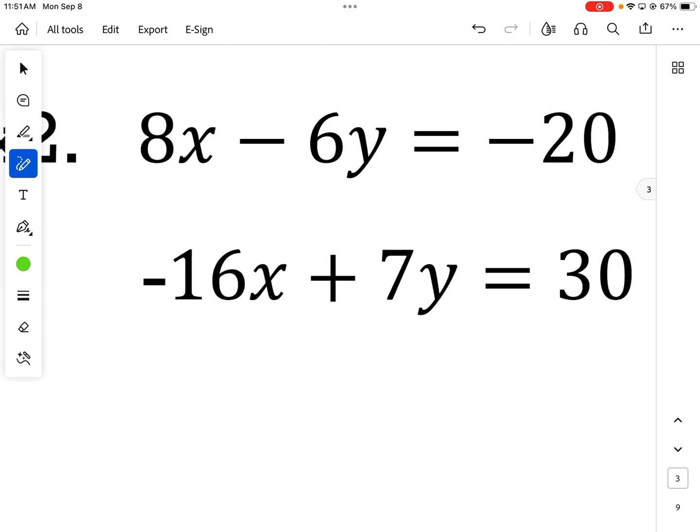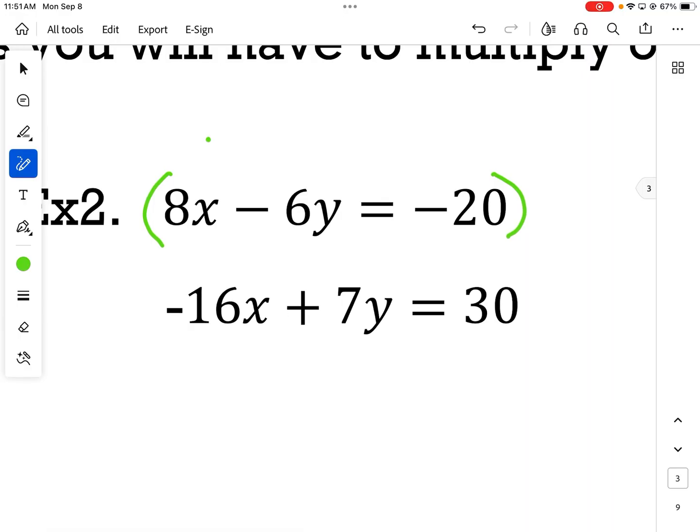So look at 8 and look at negative 16. Look at the x's. If I multiply 8 times 2, I would get positive 16, which is the opposite. So for this equation, I want this to be 16. That way that they're opposites.